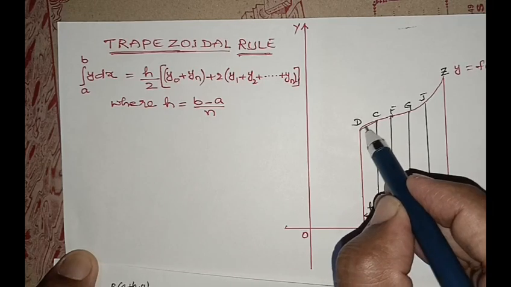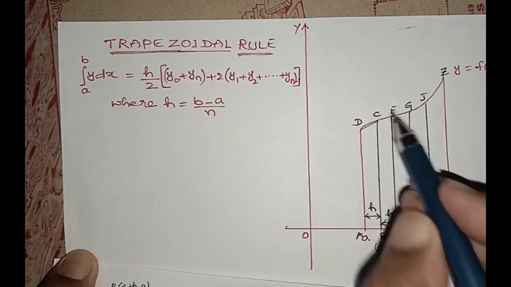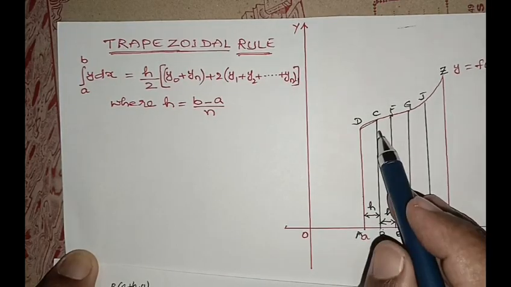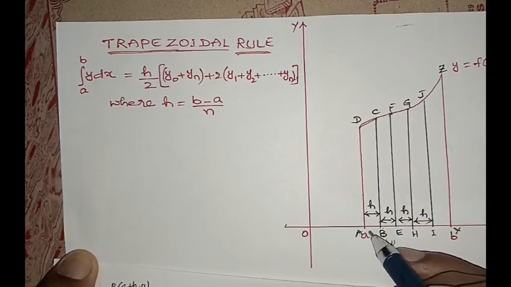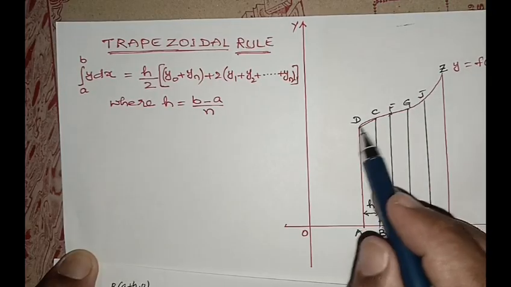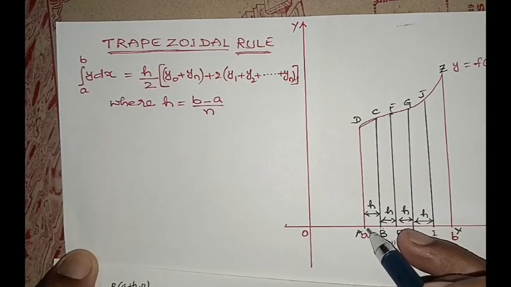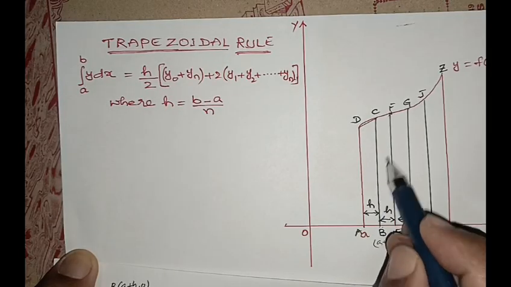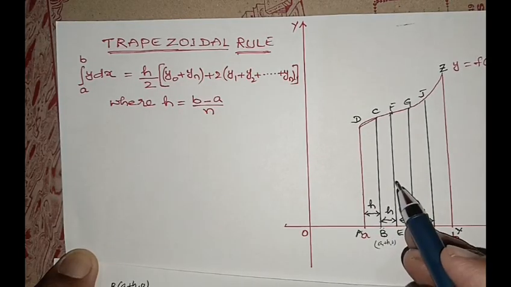And now if I take CD as a line segment, then AD and BC are parallel to each other, and ABCD is a quadrilateral. In this quadrilateral, these two sides are parallel, so that's why it is a trapezium.